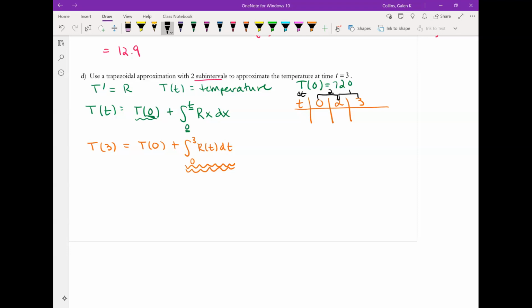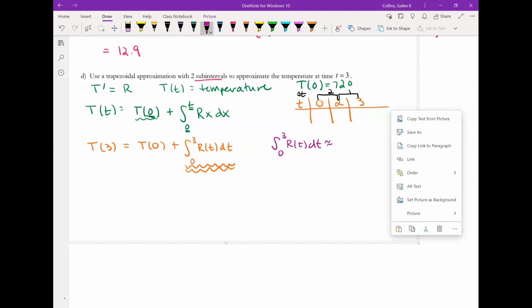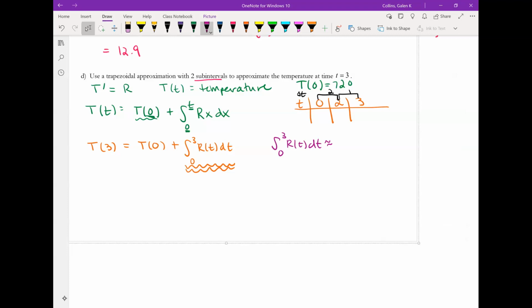So we could come out and do this work on the side, or we could write it in the equation. But if I do this on the side, remember that for my trapezoid, I'm going to have two bases. I'm going to add them, divide by 2, so it's like the average of the bases, and delta t is my height. So I'm going to need r of 0 plus r of 2 times 1/2, or divided by 2, and then times my delta t of 2.